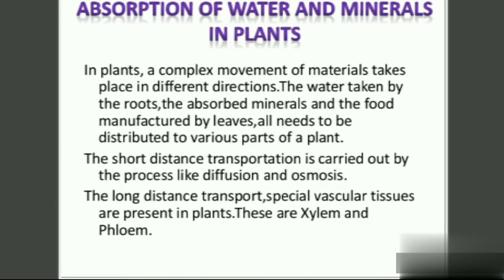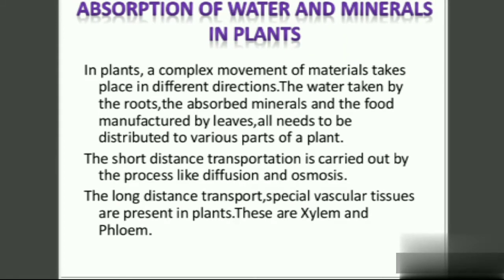Now the next one. We studied the processes involved in the plant. Now we are going to see absorption of water and minerals in plants. In plants, a complex movement of material takes place: water movement, mineral movement, food movement, everything happens. The water taken by the root, the absorbed minerals and the food manufactured, we know that the leaves make the food in the plant, all of this should be distributed.